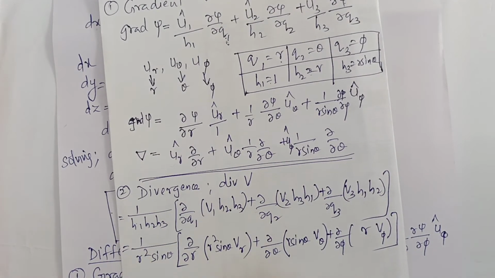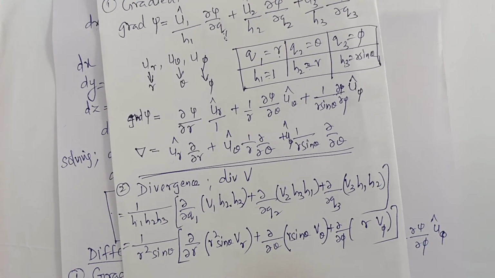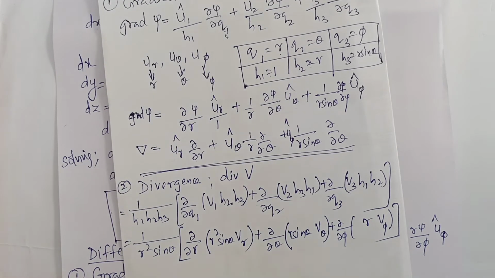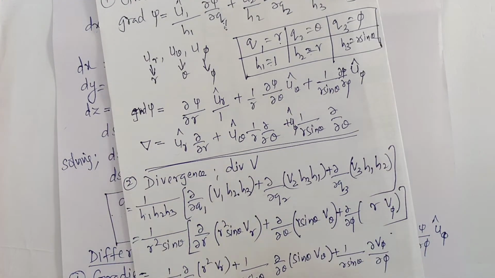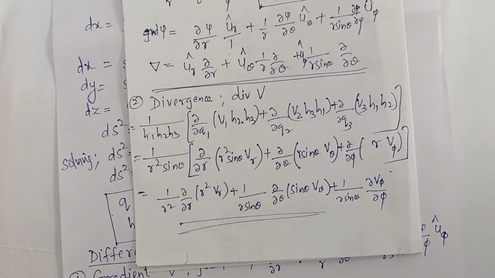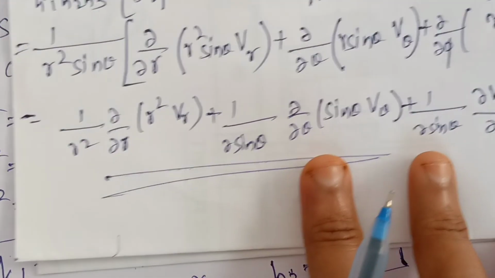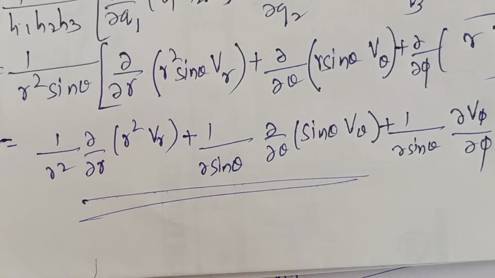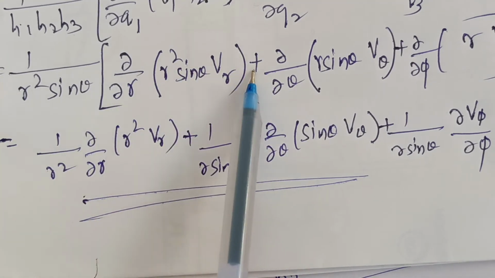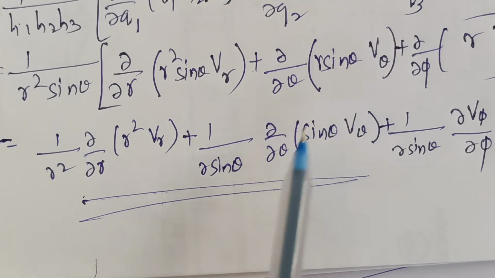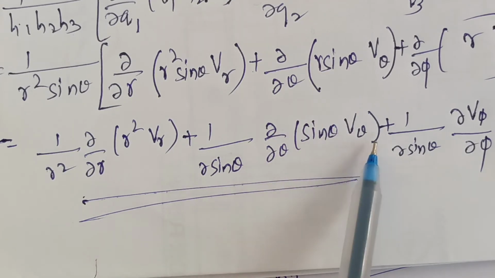Okay. Or we can open the bracket a little more, and if you want we can write it as, finally, 1 by R square dou by dou R square VR, plus again we have written dou by dou theta of sin theta V theta.